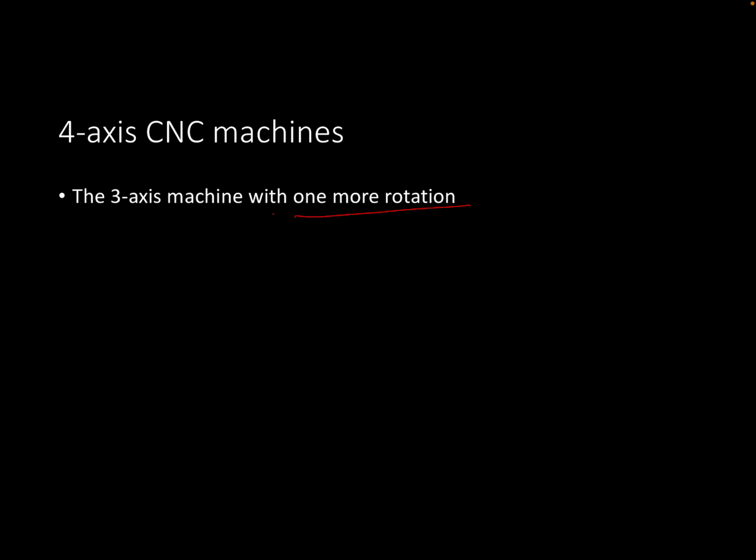So that will basically rotate these around the x-axis. Okay, around the axis that we can say the A-axis or the B-axis. So that is basically the 4-axis CNC machine.